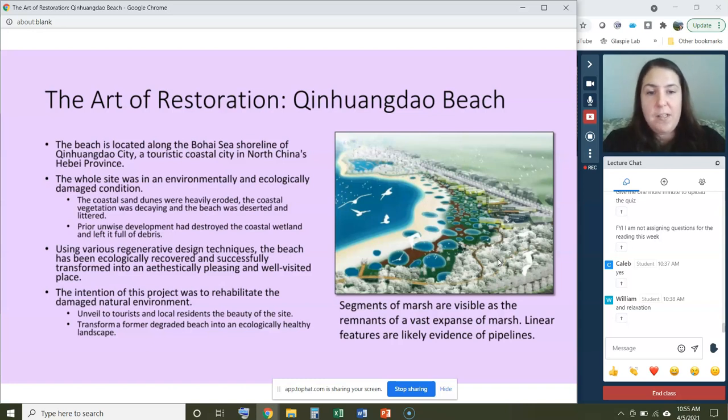And so this is an area that stands to be highly used and abused by people, and it turns out that's exactly what happened. So the whole site was in an environmentally and ecologically damaged condition. The dunes were heavily eroded, the vegetation was pretty much gone, and the beach was deserted and littered, and people just didn't care about it. They didn't use it. It was gross. They didn't care about it, which contributed to its decline.